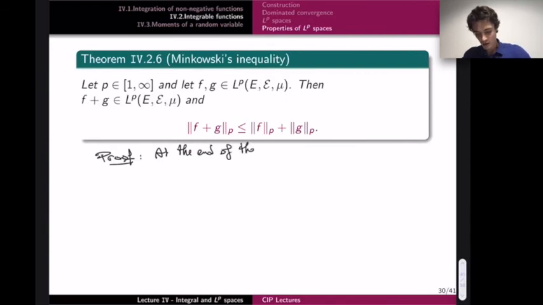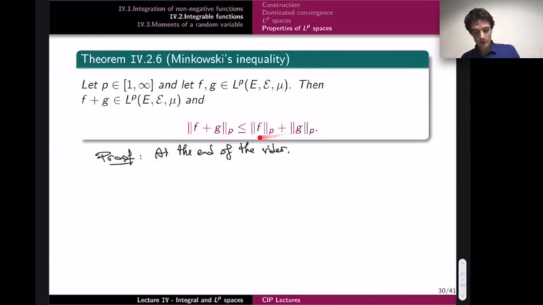But Minkowski's inequality is nothing but the triangle inequality for this object, this double bar p, which turns out to be a norm then. Okay, so proof at the end of the video. But this is very important.